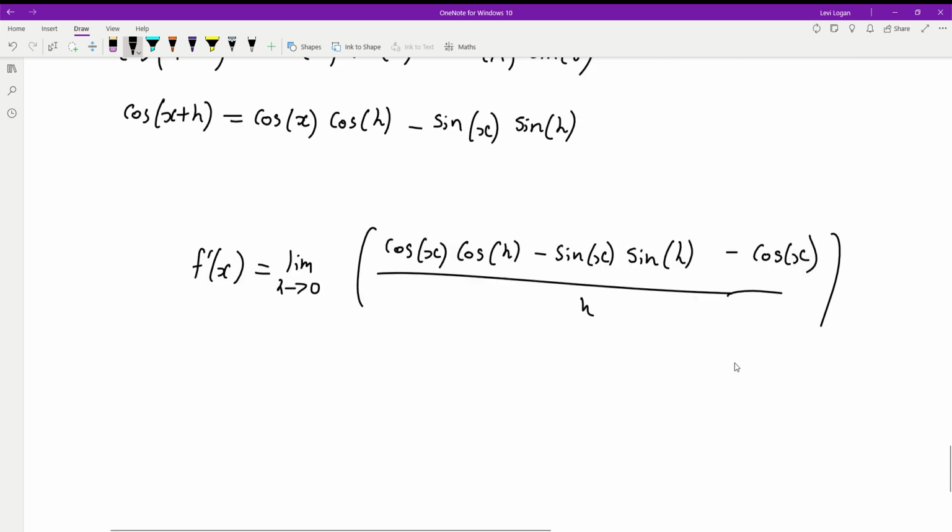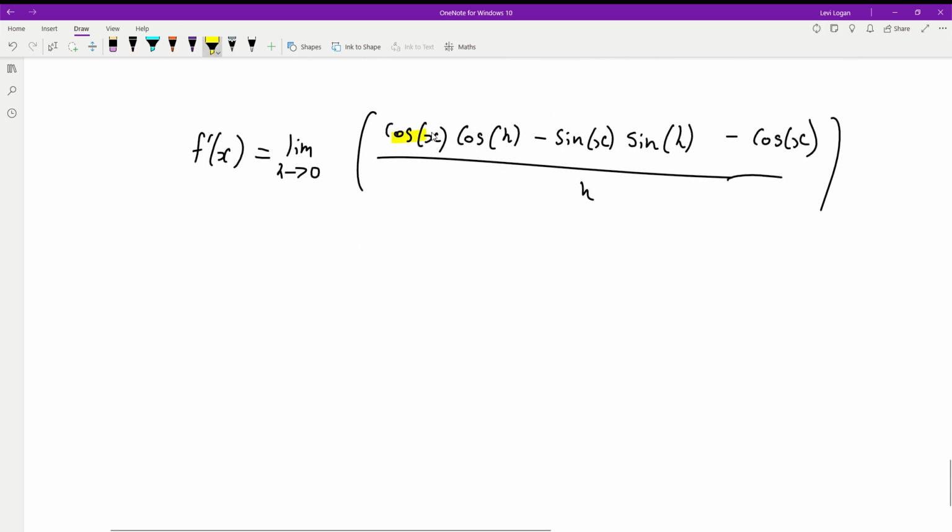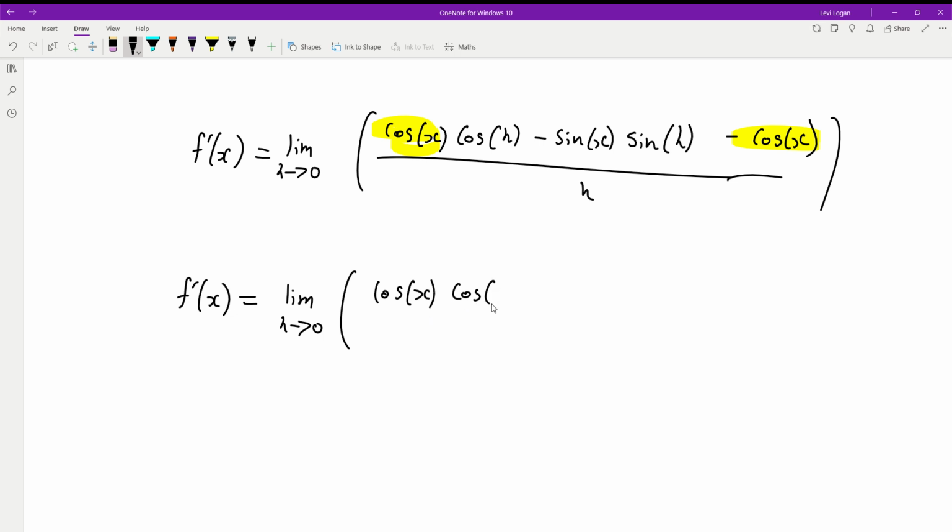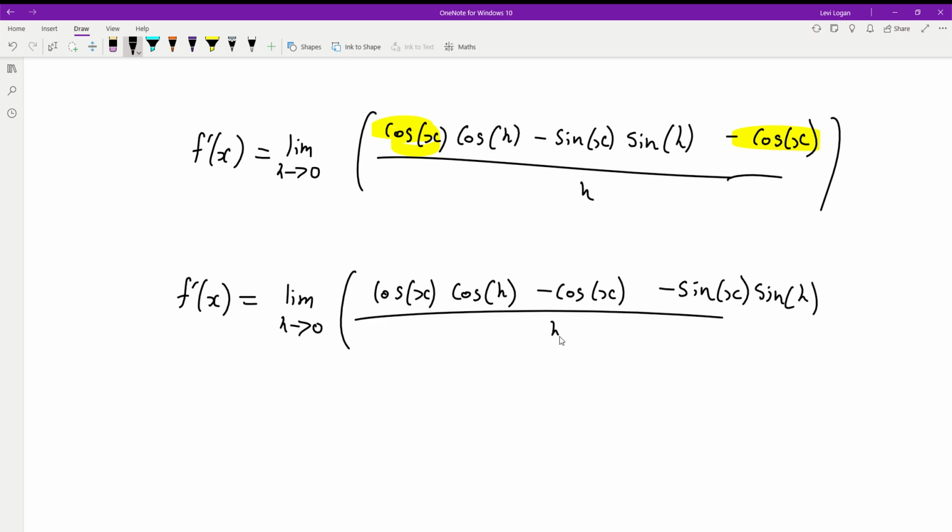We're going to group our coses because that's the only thing in common in this top bit here. So f dash of x is going to be the limit as h goes to 0 of cos of x cos of h minus cos of x minus sine of x times sine of h, all on h.